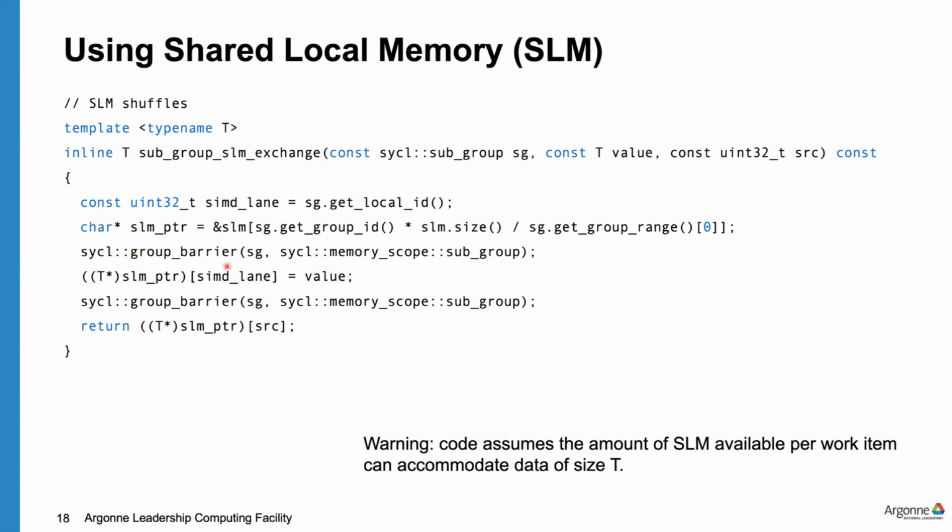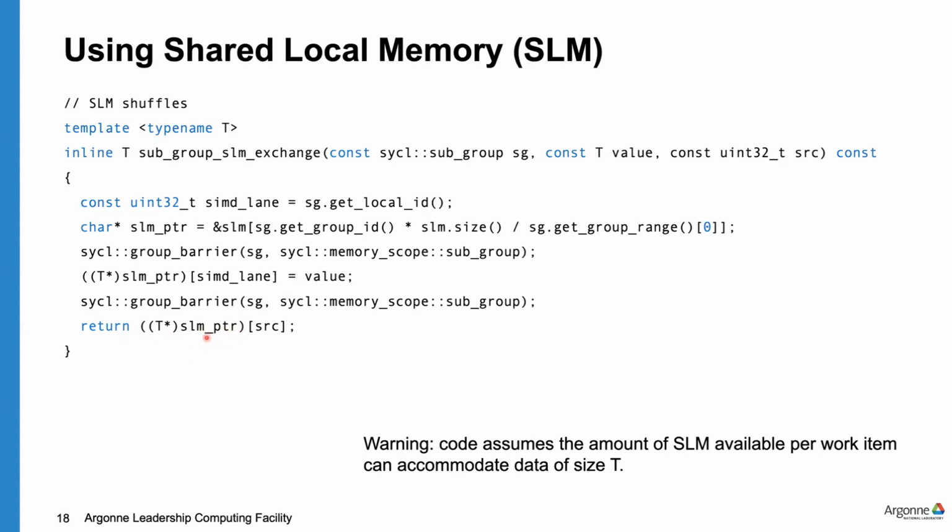Then we have a subgroup barrier, and then each work item reads the lane that it wants to read from, and then just returns the data element.